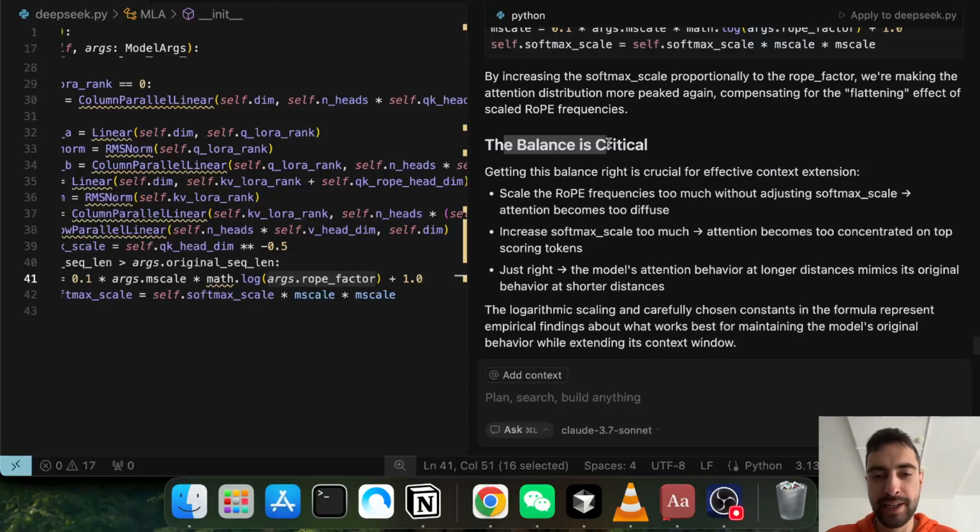The balance is critical. Scaling the rope frequencies too much without adjusting softmax scale, attention becomes too diffuse and uniform, and all of the attention scores become similar to each other. Increasing softmax scale too much, attention becomes too concentrated on top scoring tokens.